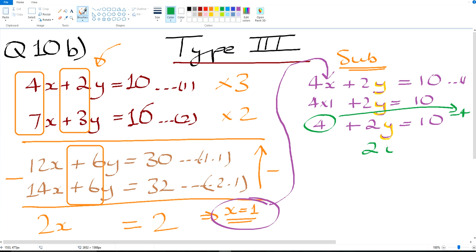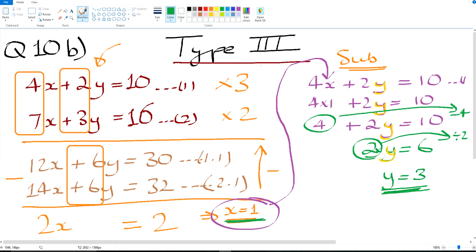So we have 2y equals 6. Now in order to work out y, we need to do one more step. Grab the times by 2, take that to the other side, opposite of times by 2 is divide by 2. So y is equal to 6 divided by 2, y is equal to 3. So we have an answer of x equals 1 and y equals 3.